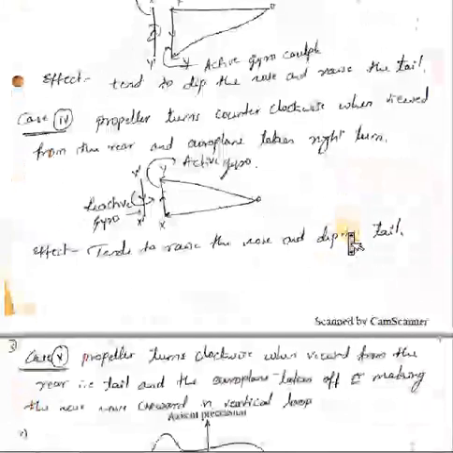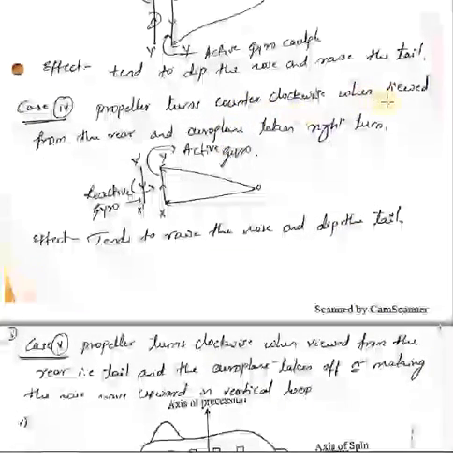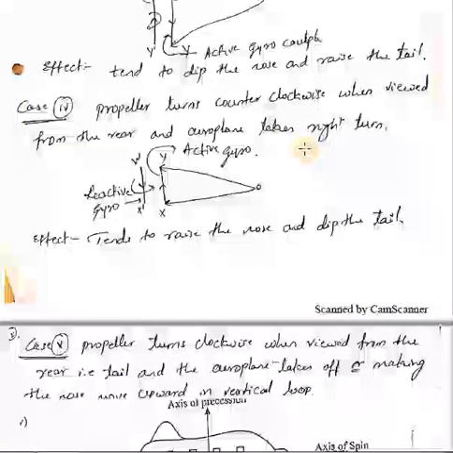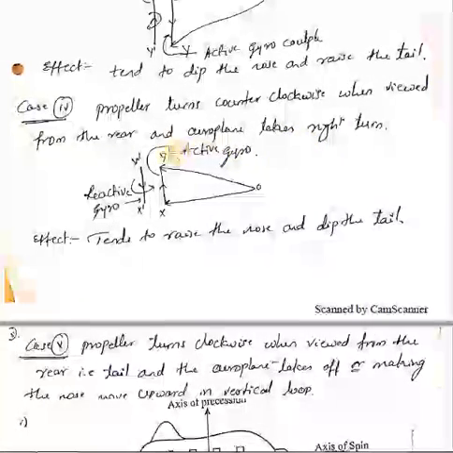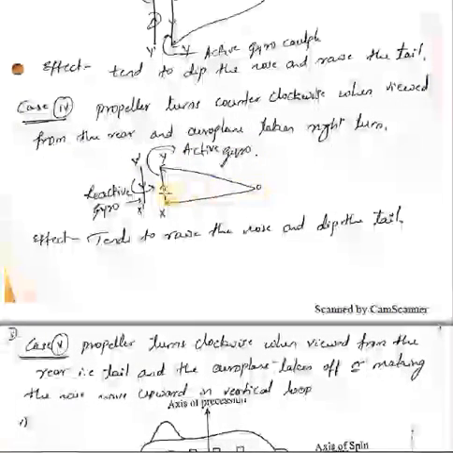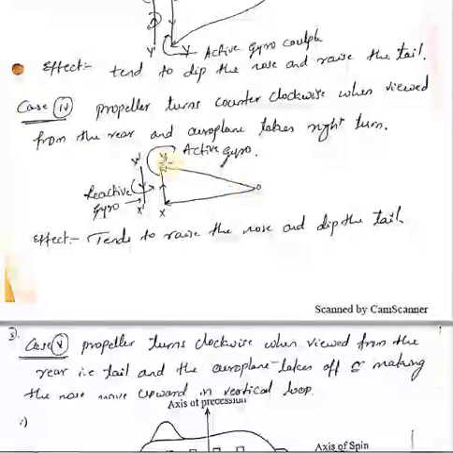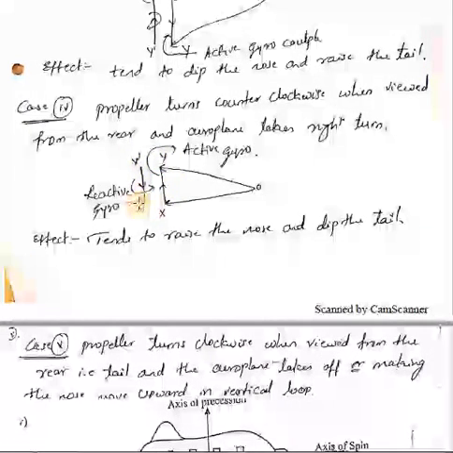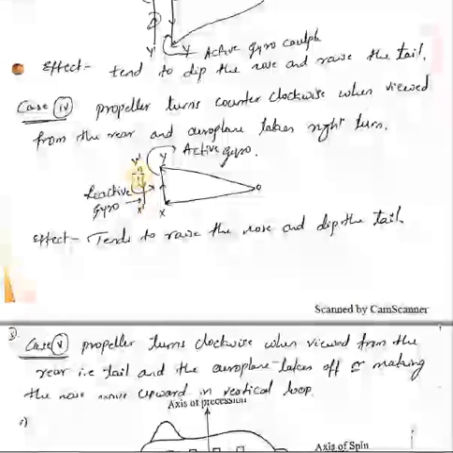Next, the fourth case is when the propeller turns counterclockwise when viewed from the rear and the aeroplane takes the right turn. So again, by drawing this vector diagram, you can get the angular momentum. So this OX is before and OY is after, and this XY is the active gyro couple and X dash Y dash is the reactive gyro couple.